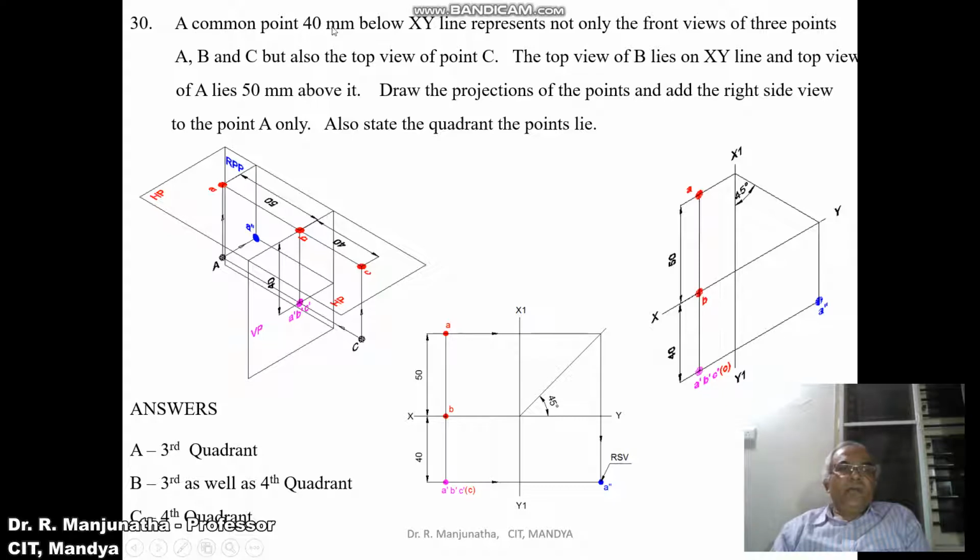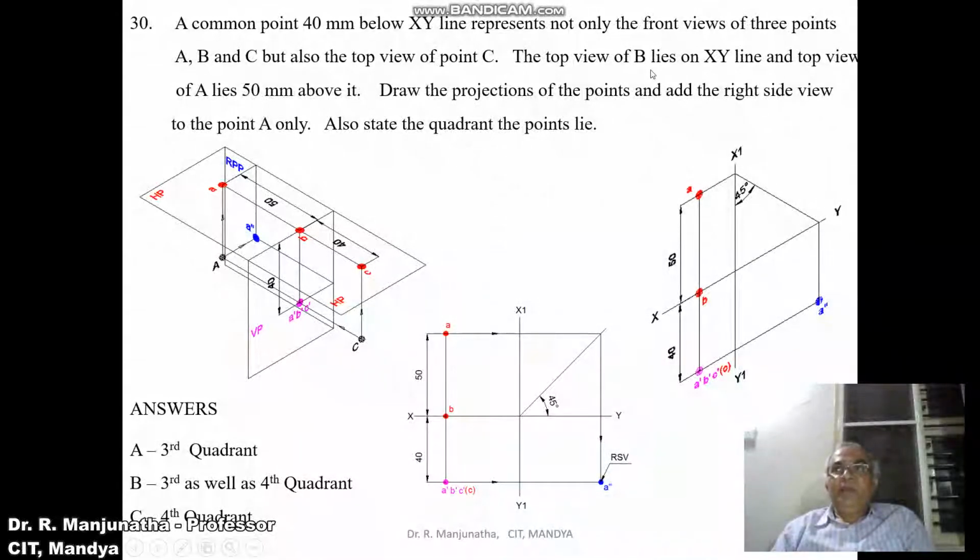A common point 40 mm below XY line represents not only the front view of 3 points A, B and C, but also the top view of point C. So we write A dash, B dash, C dash, and the top view of the point C also will be below XY line. So you mark both C dash and C, which will be coinciding. You mark the point C in brackets according to the convention.